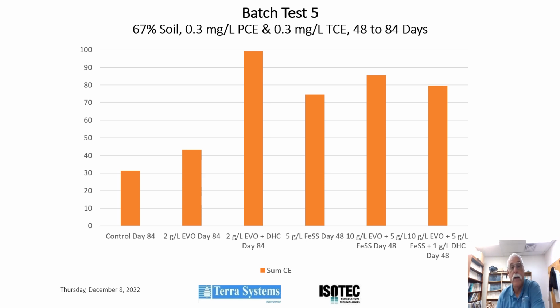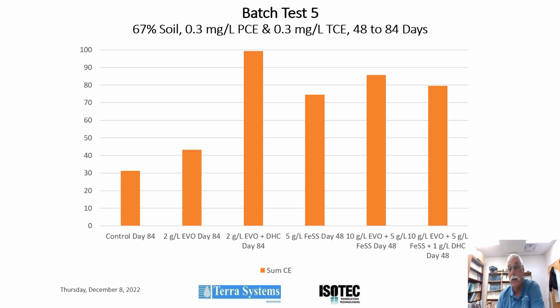Conclusion: the sum of chlorinated ethanes removed was 31% in the control, 43% with the 2 grams per liter of EVO, 99% with the 2 grams per liter of EVO plus Dehalococcoides, and 5 grams per liter of the ferrous sulfide gave 75% removal. When you added the EVO and 5 grams per liter of ferrous sulfide, it was up to 86%.